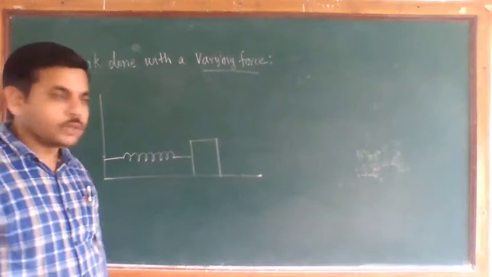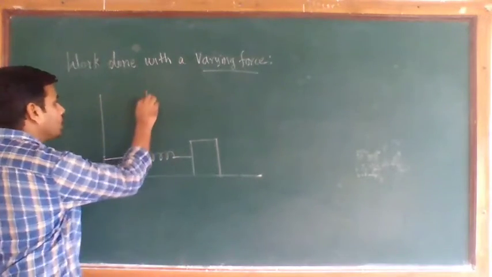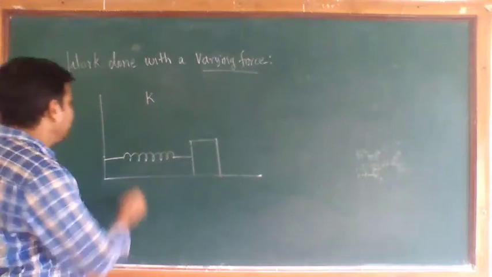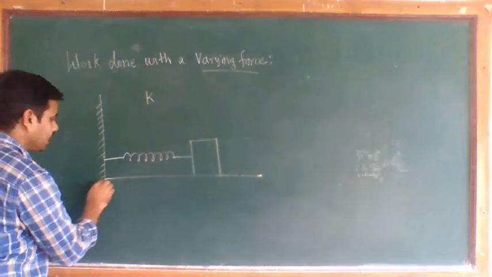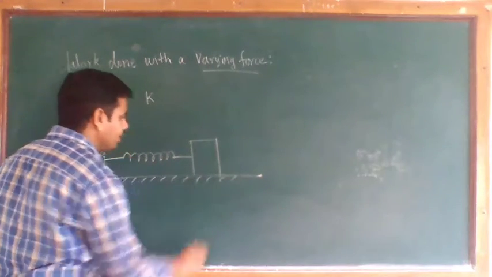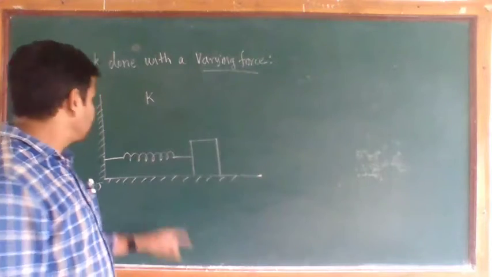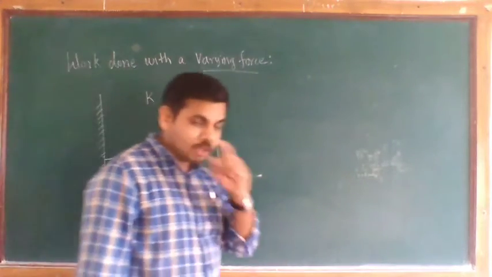Here we can see the spring has the spring constant K, and this is the origin. This spring has one end tied to the wall and the second end tied to that block.